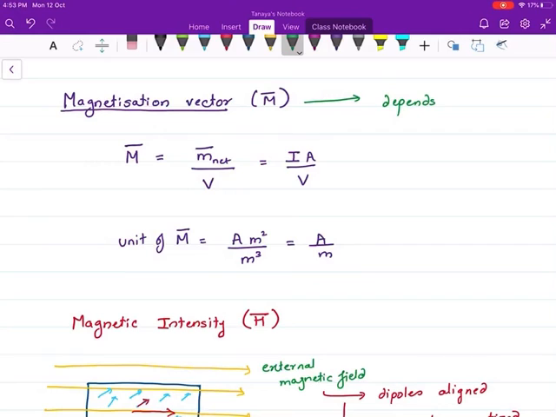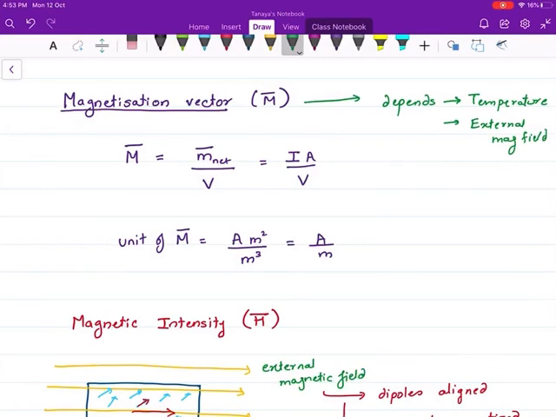It depends on two things: the temperature of the sample or material, and the external magnetic field. If the external magnetic field is more, alignment is more.